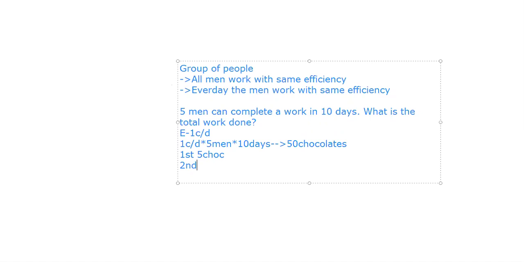Second day again 5 chocolates. Third day again 5 chocolates. So their efficiency doesn't vary every day, it is constant for all 10 days. All right, so these are the two assumptions that I have to make while solving any time and work questions based on a group of people. Are we clear with this? Yes, all men work with same efficiency, every day they work with same efficiency. Are we clear with this, guys? Yes, sir. Yes.